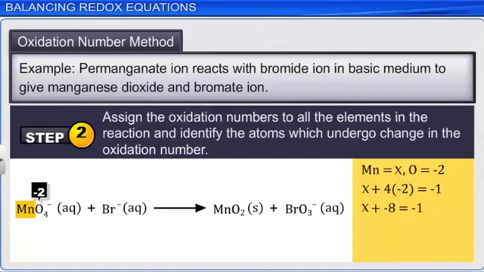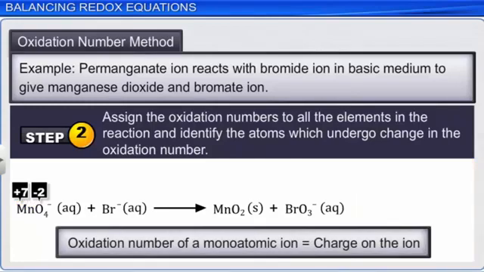Therefore, X equals +7. Thus, the oxidation number of manganese is +7. We also know that the oxidation number of a monoatomic ion is the same as the charge on the ion. So, in the case of bromide ion, the oxidation number will be -1.